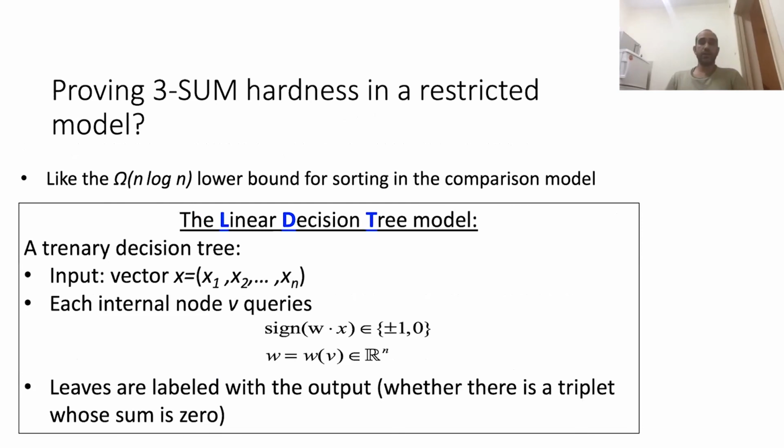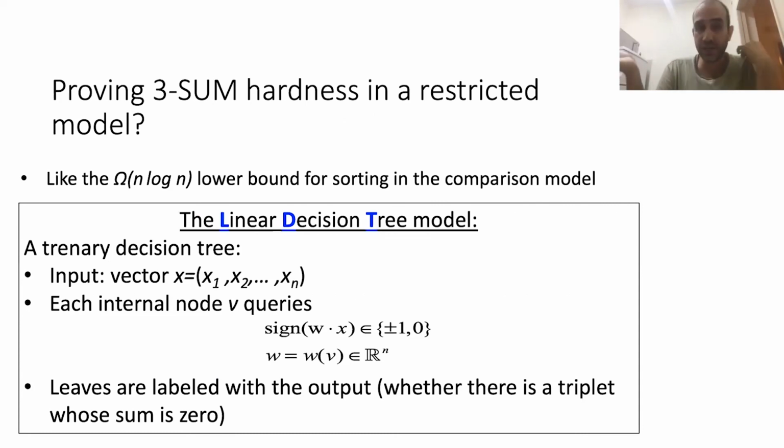Now, one computational model which attracted a lot of attention in the context of this problem is the linear decision tree model. People basically try to find explanations: why is it hard to improve the n squared time algorithm? There is a very simple n squared algorithm, and it is very hard to improve.